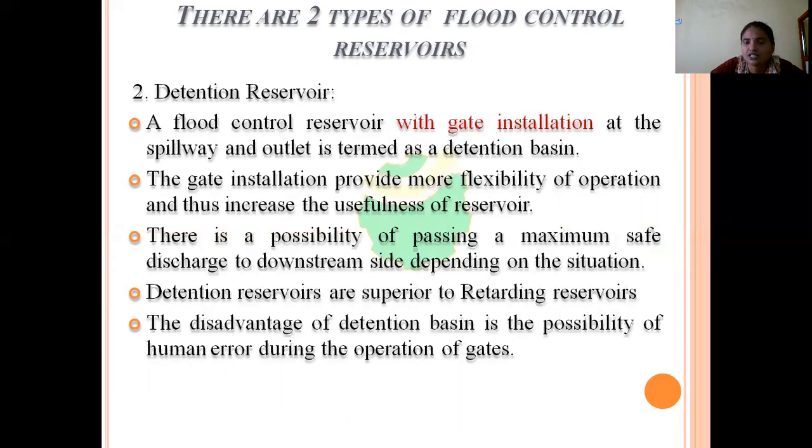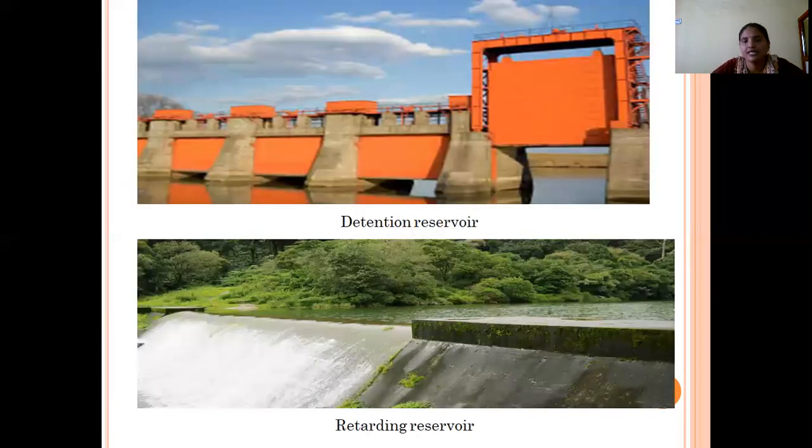Detention reservoirs are superior to retarding reservoirs. The disadvantage of a detention basin is the possibility of human error during the operation of gates. So detention reservoirs are the reservoirs which have gate installations, like Nagarjuna Sagar and Srisailam, the best examples.